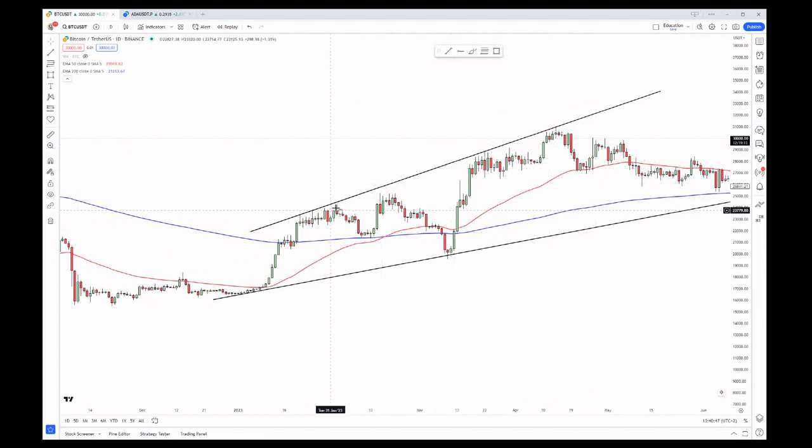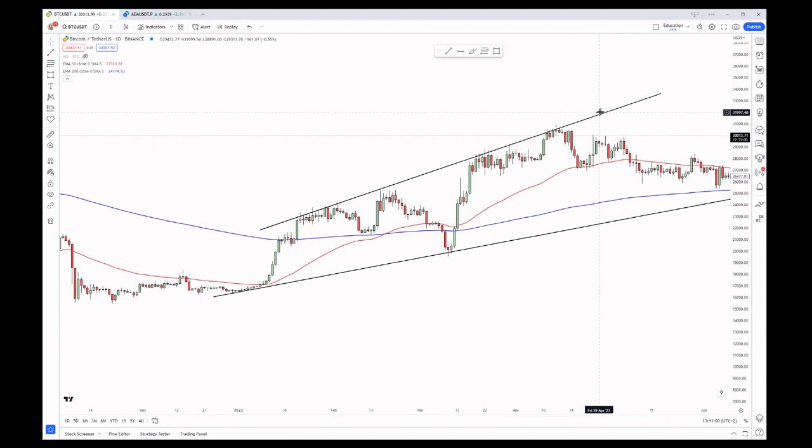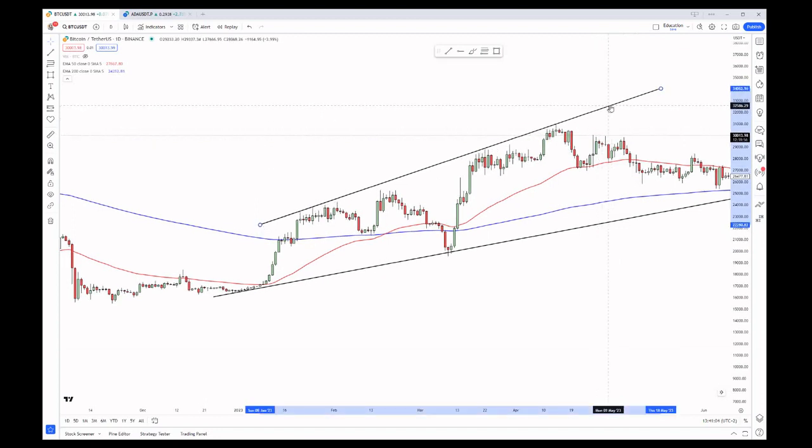And you can also draw this from body to body. You still see that it touches also some wicks. But if you ask me how I draw trend lines, I like my charts clean. I always use the wicks.